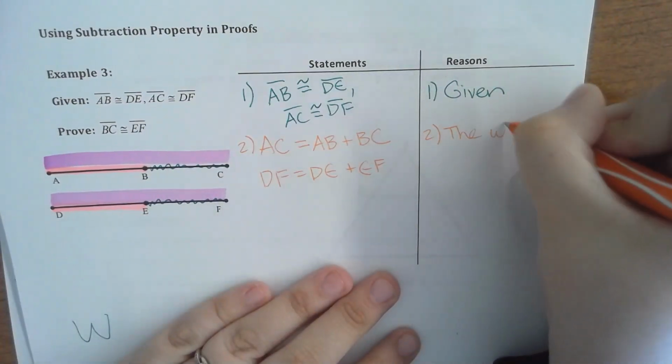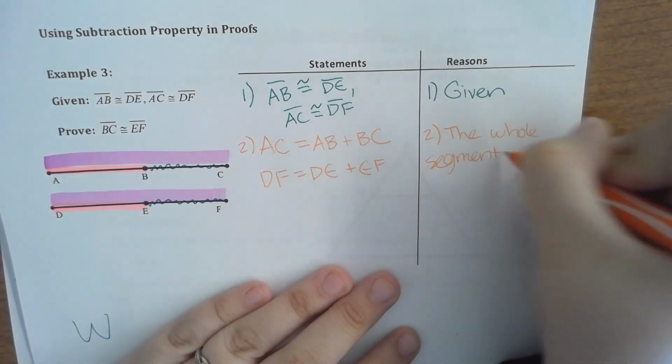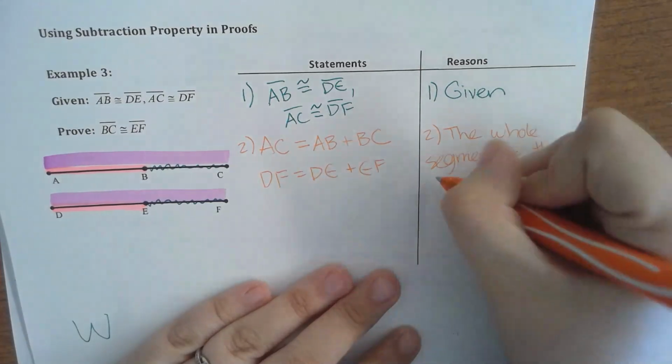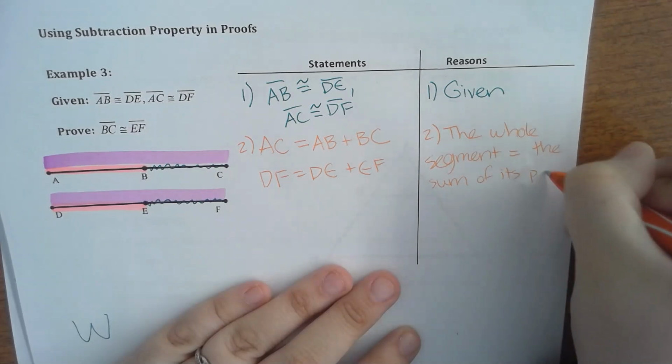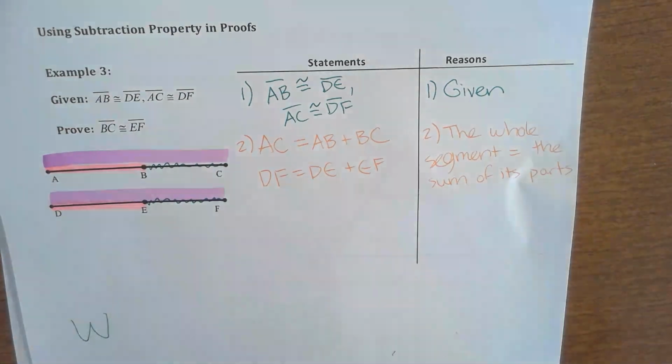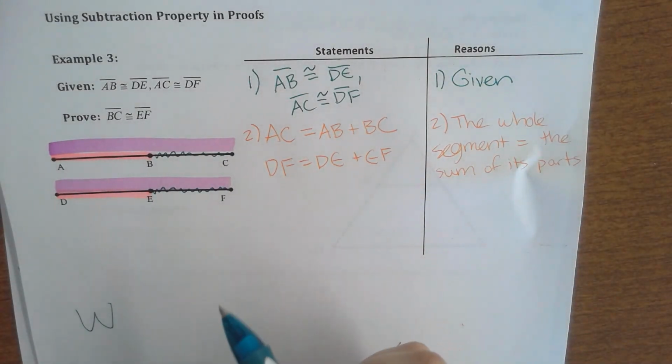The whole segment equals the sum of its parts. The whole thing equals when I add the pieces together. But we are not adding anything. We are going to be subtracting.